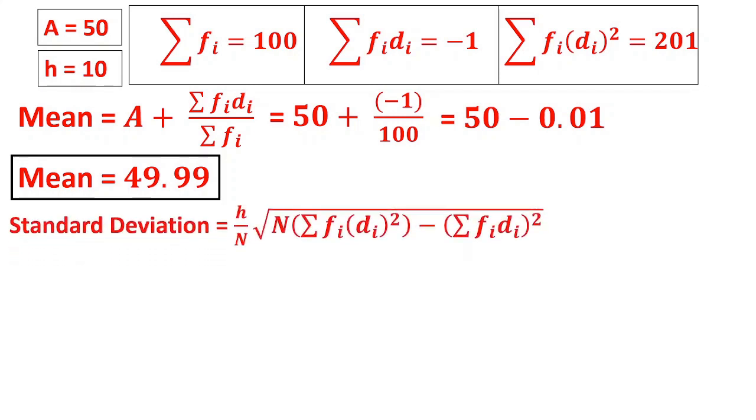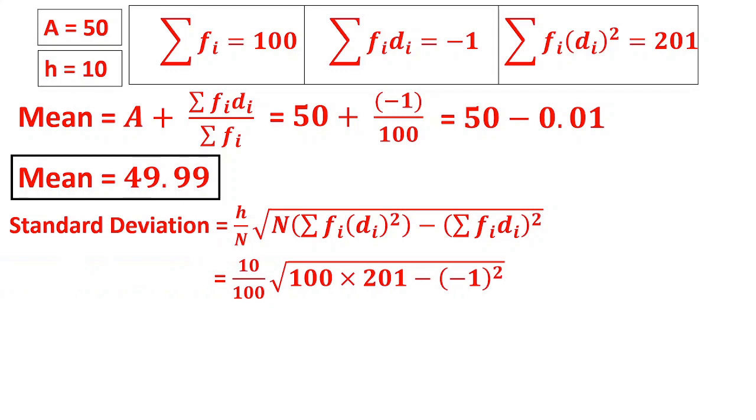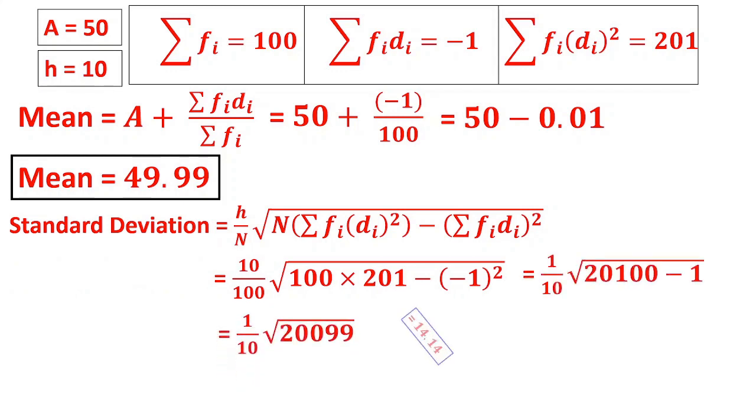And standard deviation is h by n into square root of n sigma fi di square minus sigma fi di whole square. Please check out the formula. This formula is a little bit converted or simplified one, so that you can directly apply the values. I am applying all the values in this formula. I am getting the answer as 1 by 10 into square root of 20,099.